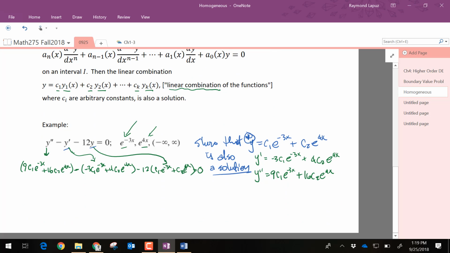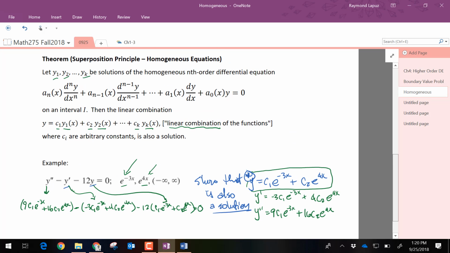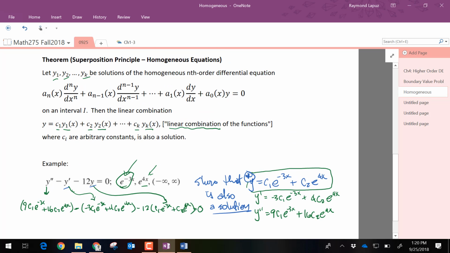No, we're not looking for c1 and c2 in this particular problem. All we're going to say is that if we use this as your y, then it should satisfy this differential equation. So this is like a check to make sure that this is a solution. Each of them is a solution.